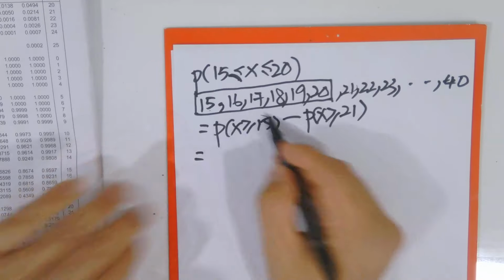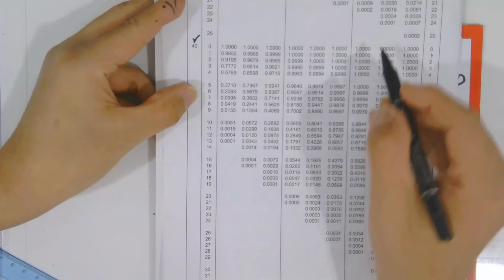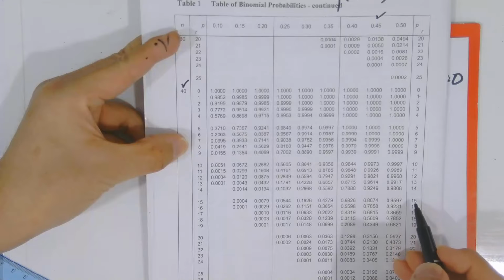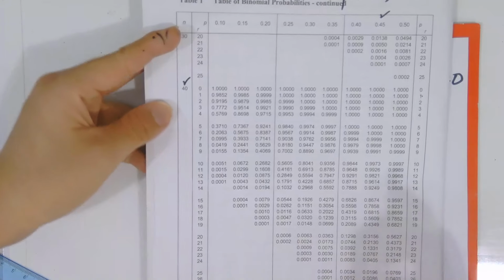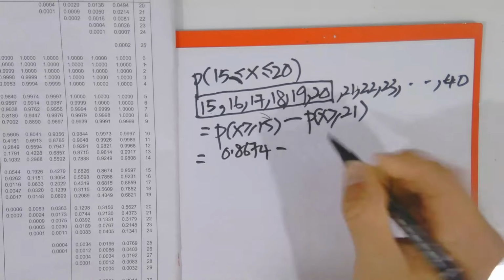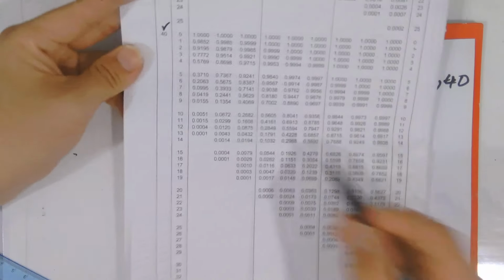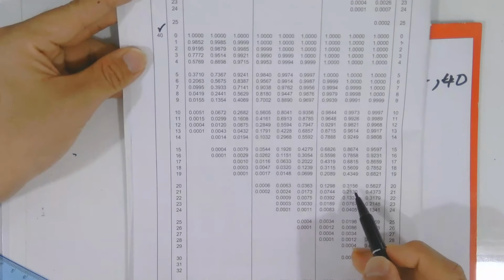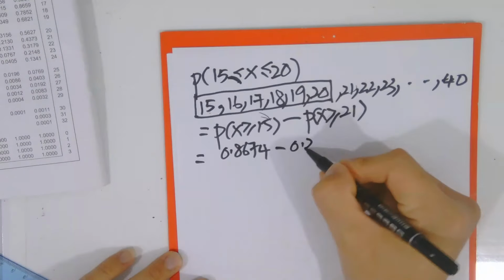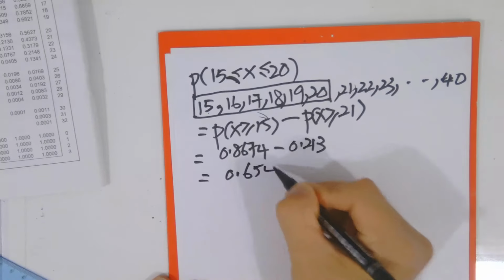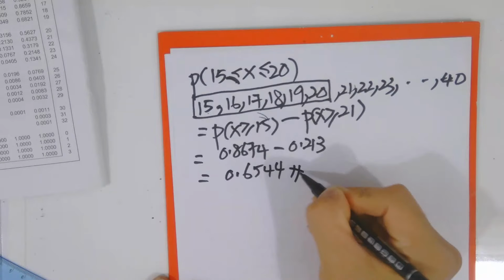So from the statistical table, find the value of 15: 40, 0.45, 15. Where is 15? 0.8674 minus away at least 21. Where is at least 21? 0.213. If you calculate, you will have the value of 0.6544.